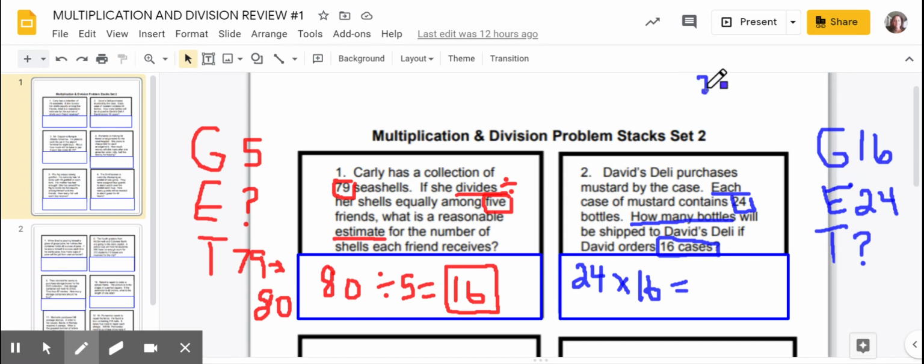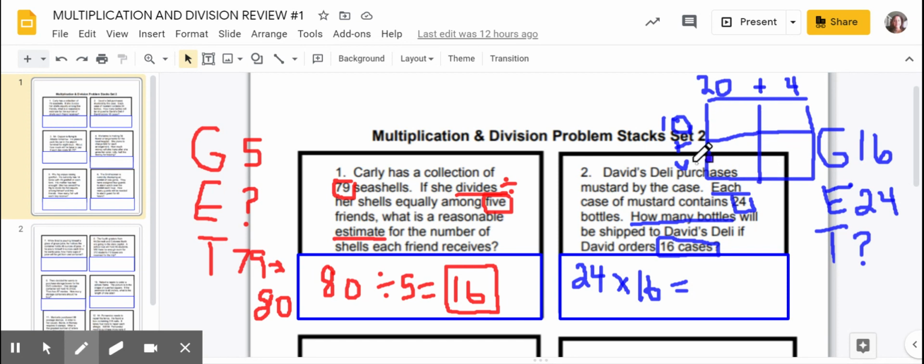I'm going to start with 20 plus 4 because 20 plus 4 equals 24. And then I'll have 10 plus 6, which would give me my 16. Now remember, for this method, what we're going to do is multiply what goes in here in each box.